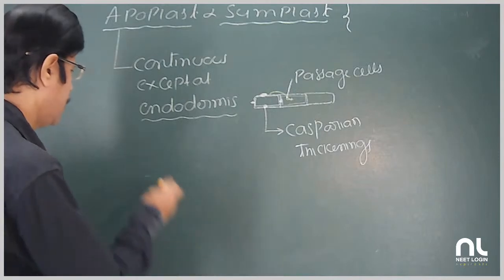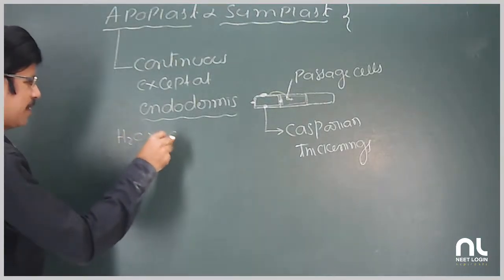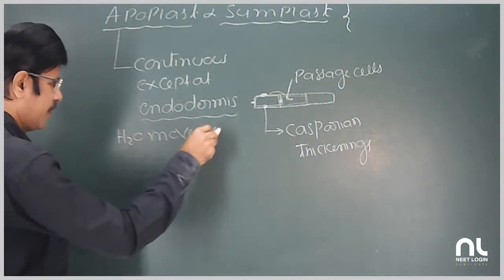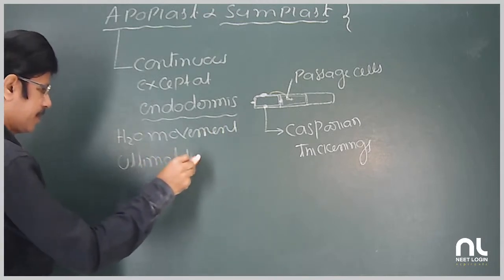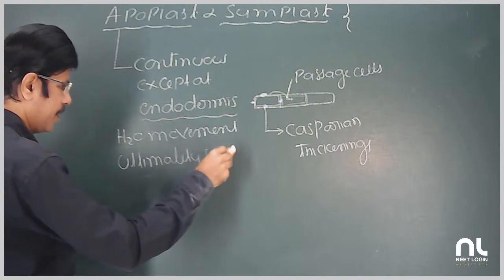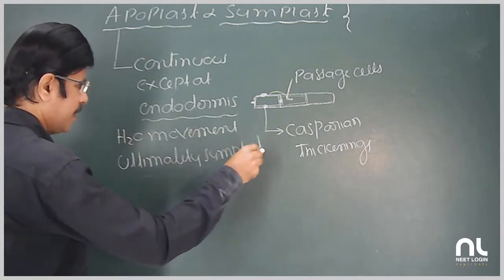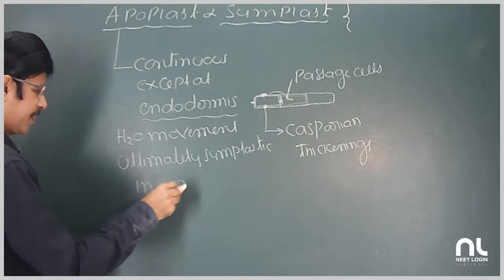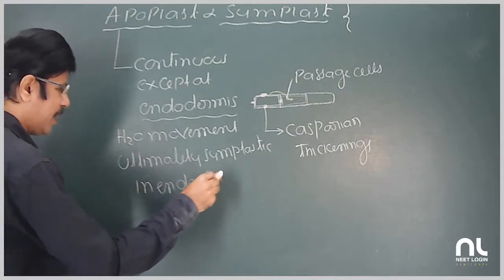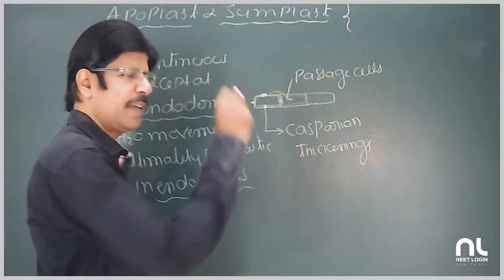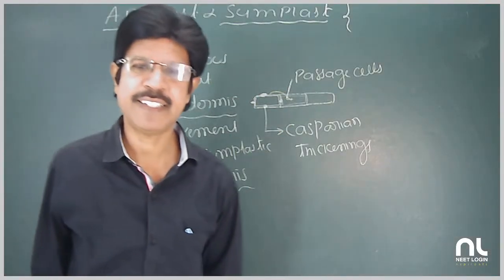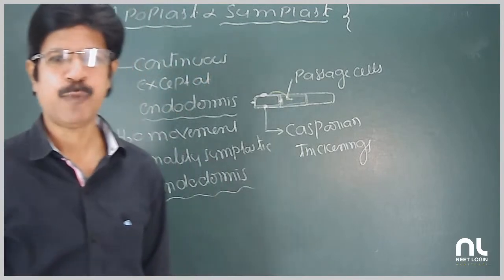So water movement is ultimately symplastic in the endodermis, that is, crossing the membrane in passage cells. Okay.